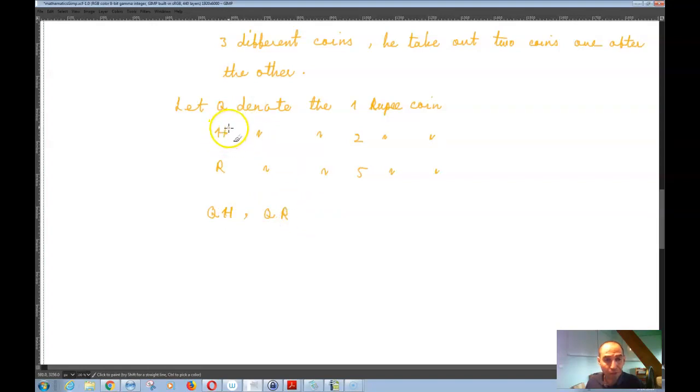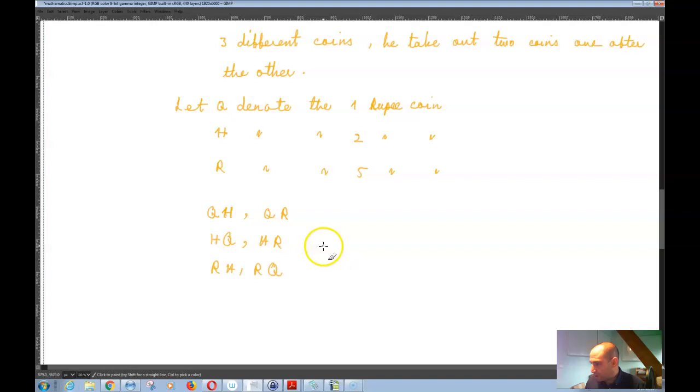Okay. If you take the H out first, the next coin that you could take out could be Q or could be R. So it would be HQ or HR. And if the first one that you take out is R, the next one could be H or it could be Q. So RH and RQ.